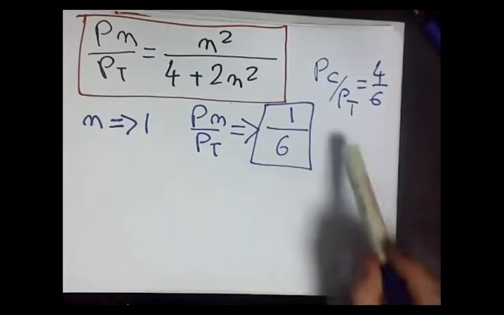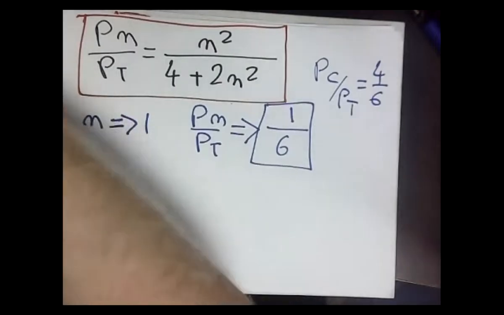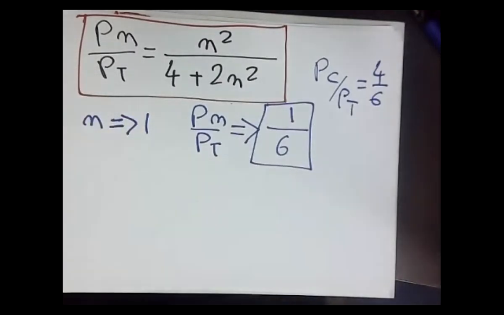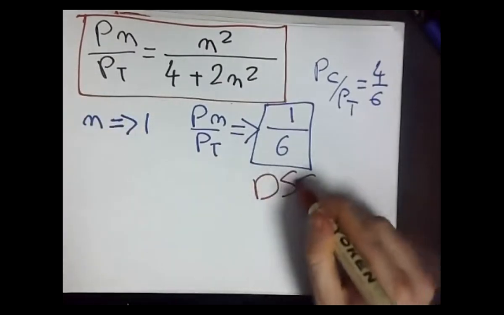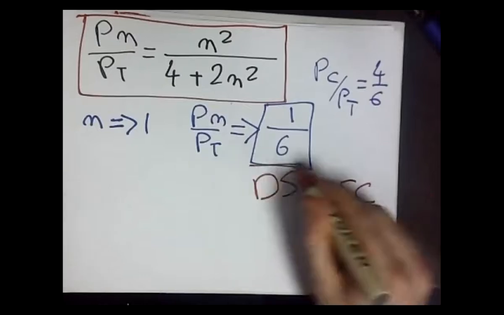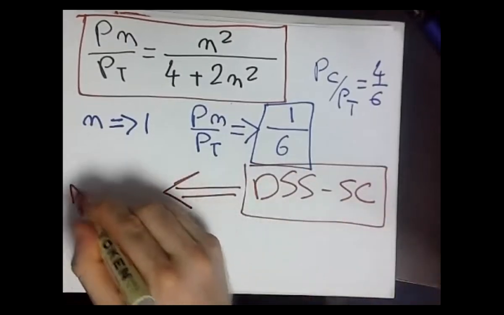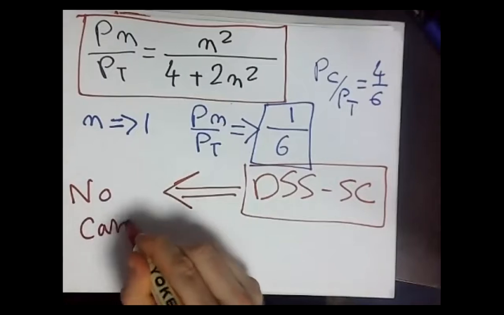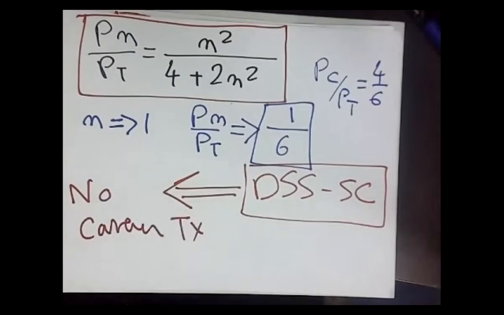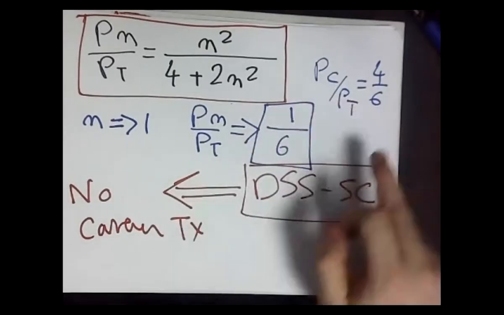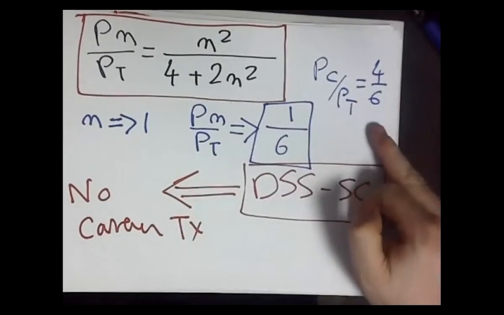So now you can understand the advantage of the double-side band suppressed carrier, where there is no carrier transmitted. Whenever there is no carrier, then you are saving 66% of the power.